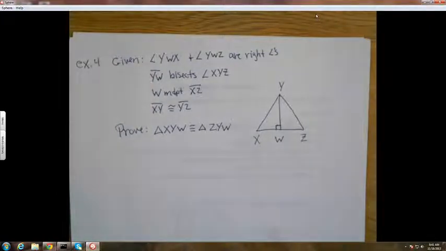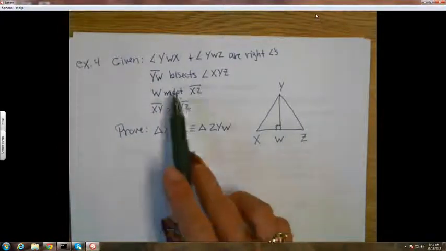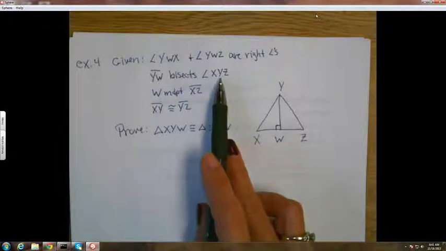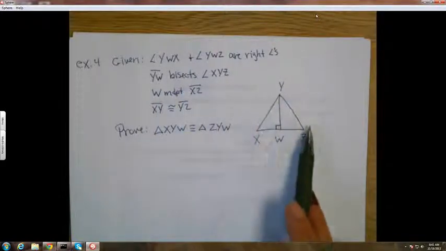Look at that. We've got YW bisecting angle XYZ.